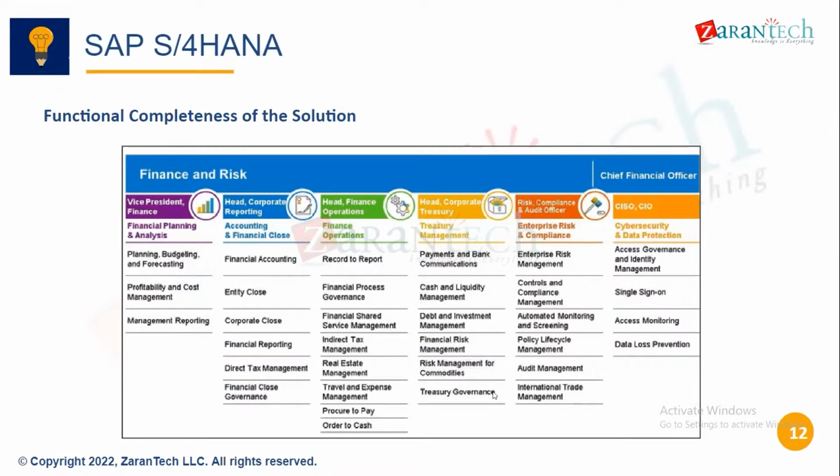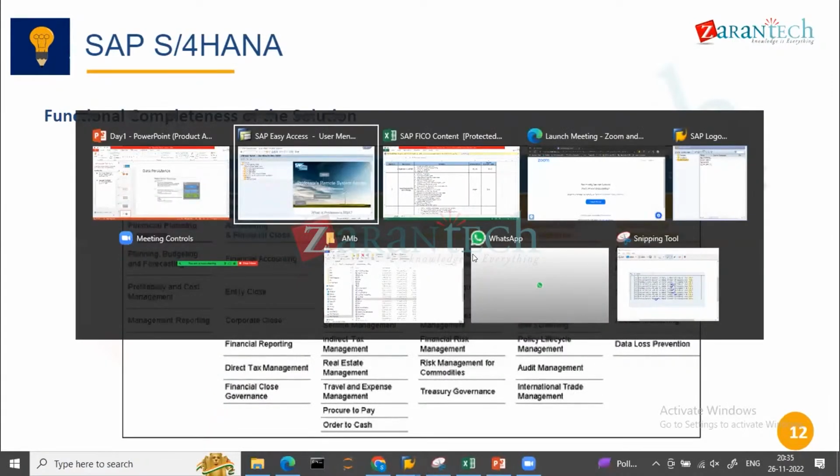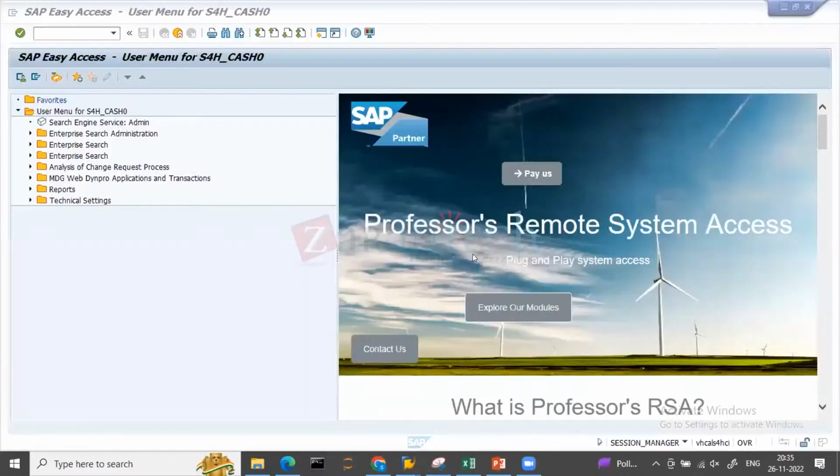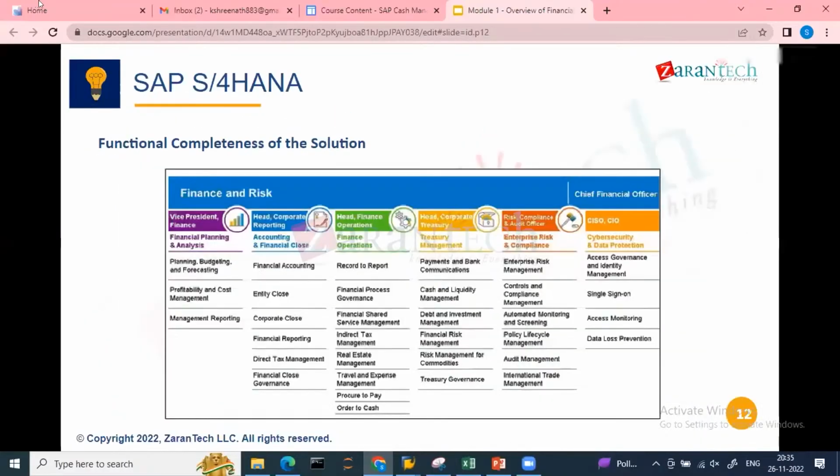Treasury management. What are the benefits we have in treasury management? Like cash and liquidity management. In bank account management and bank communication management, they have introduced the concept of workflow. Meaning if you have created the bank account and want to validate it before making it active. One second, let me go back.